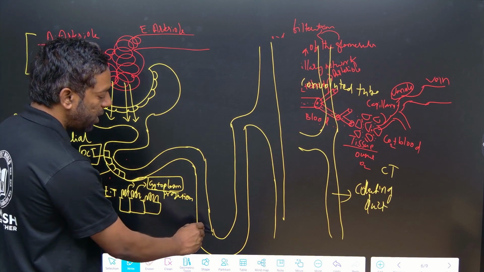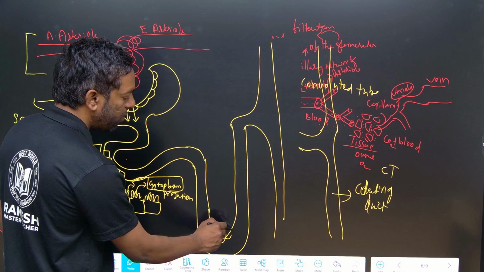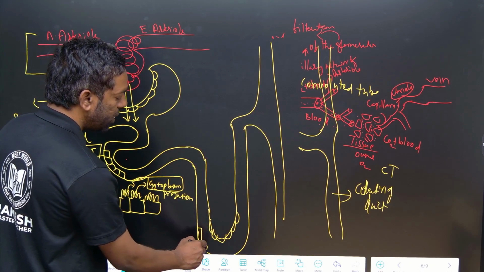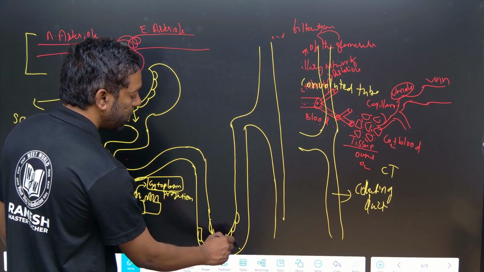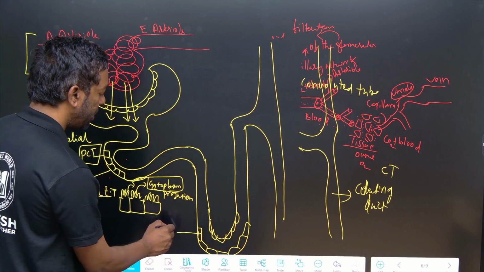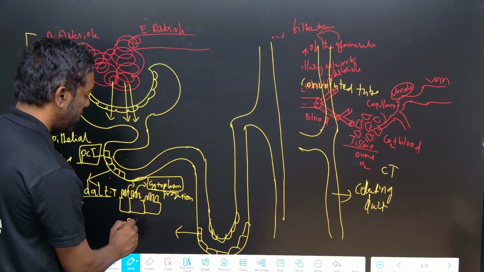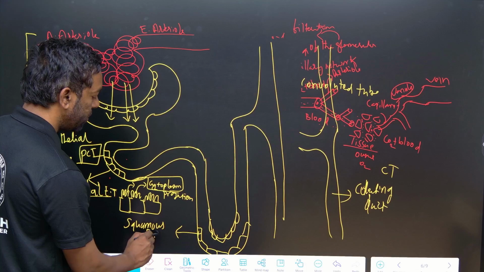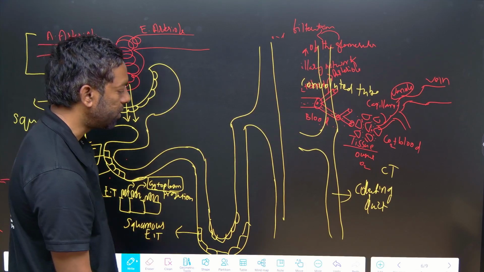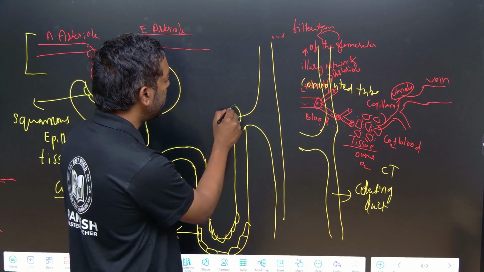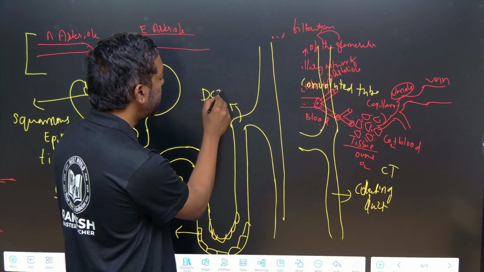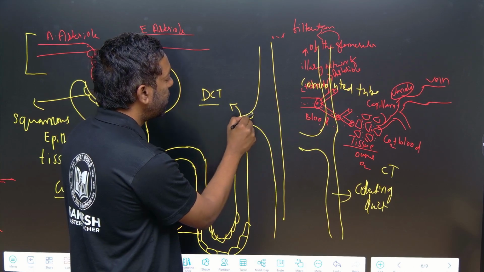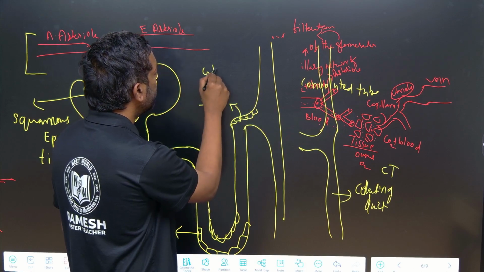If we come to the Henle loop, this is made up of squamous epithelial tissue. If we come to the DCT, the distal convoluted tube, it is made up of cuboidal epithelial tissue.